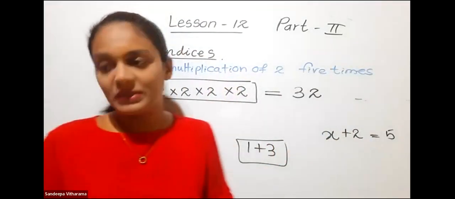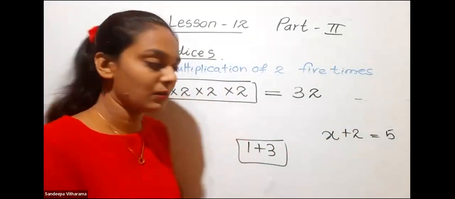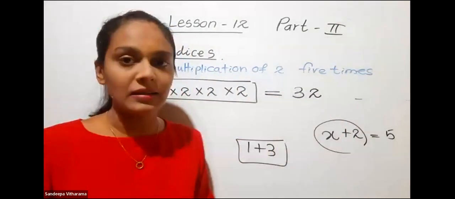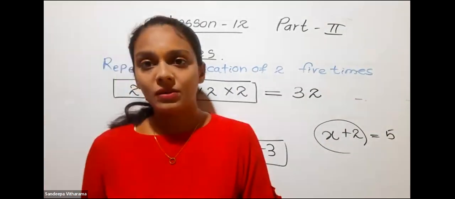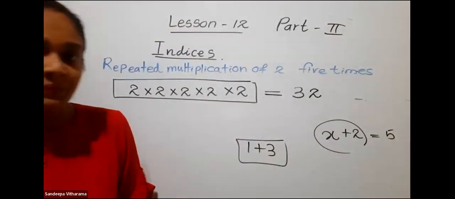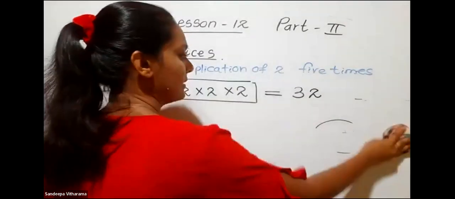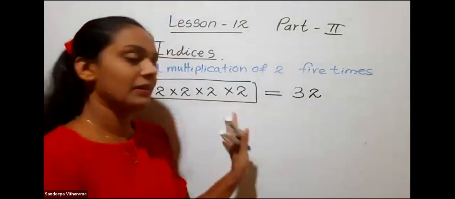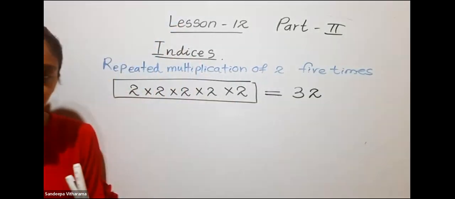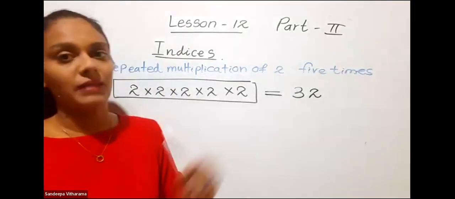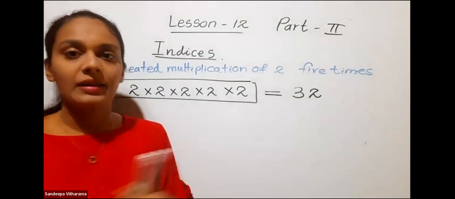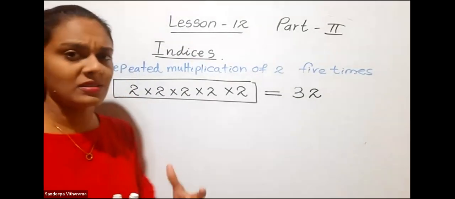It is also a particular kind of expression. Now, x plus 2 expresses the sum of the unknown number of toffees and 2 toffees. Likewise, here, to express this repeated multiplication of 2, 5 times, I can write it. This is very important.